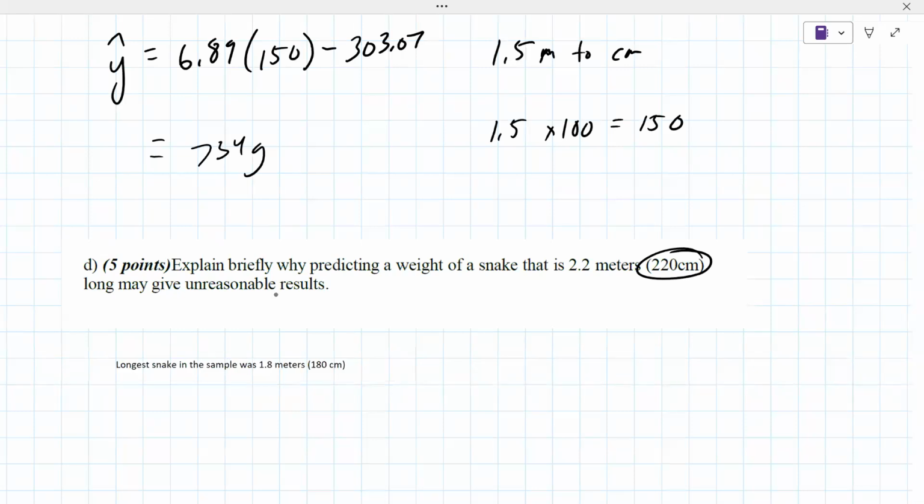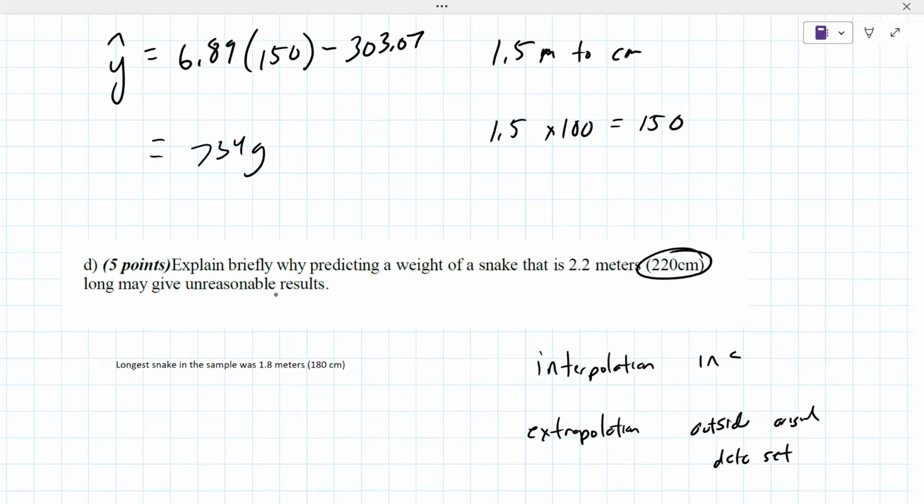There's interpolation, and then there's extrapolation. Extrapolation is when you're outside your original data set. And interpolation is when you're inside, or within, maybe that's a better word, within the data set.